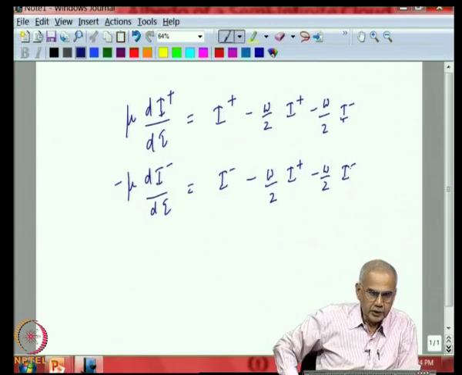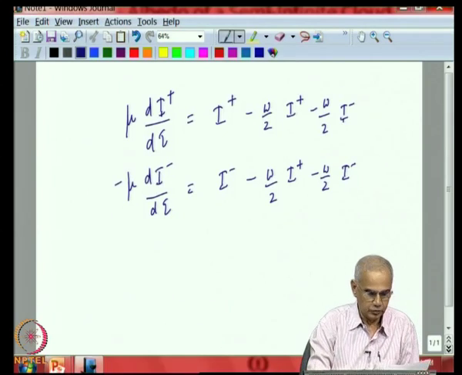So, here we have two equations in two unknowns, and we can solve it.